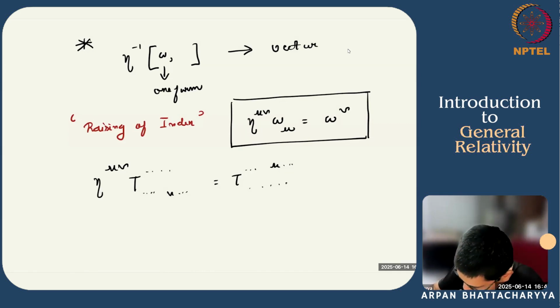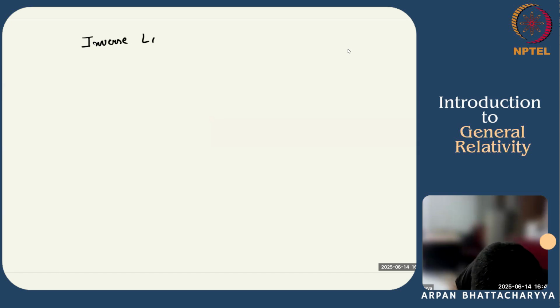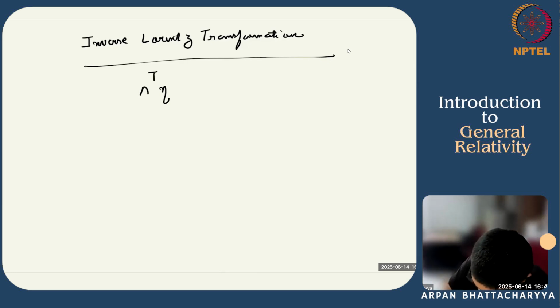Okay. So now let's look at the inverse Lorentz transformation. Remember the definition of the Lorentz transformation, which encodes the fact that it preserves the Minkowski metric: lambda transpose times eta times lambda equals eta in the matrix form.